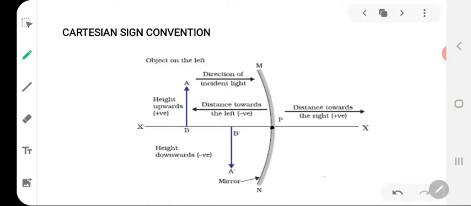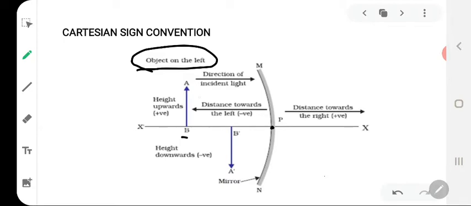Now the second thing that has to be kept in mind is that the object is always kept on the left hand side. As you can see, the object AB is on the left. So the object is always on the left. So obviously the direction of incident light will be towards the right hand side.